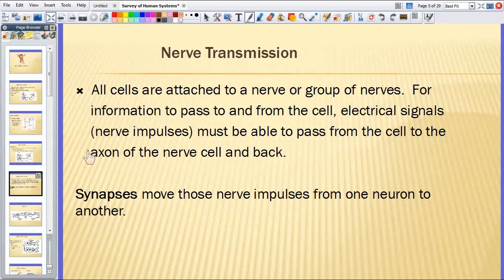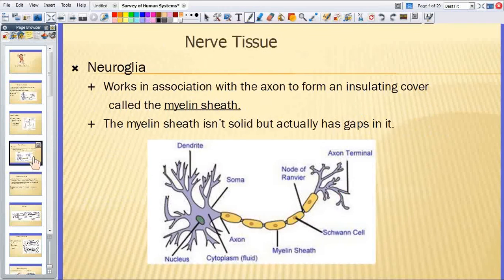For information to pass to and from the cell, nerve impulses have to pass from that cell through the nerve and back. So in other words, I'm going to go back to this previous picture. We would have a cell up here. It would receive a stimulus from the environment.